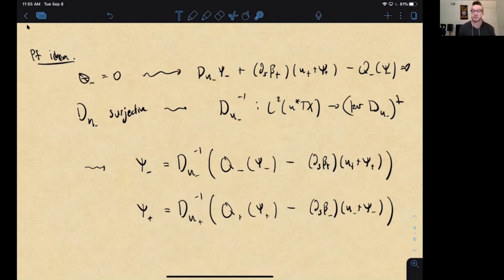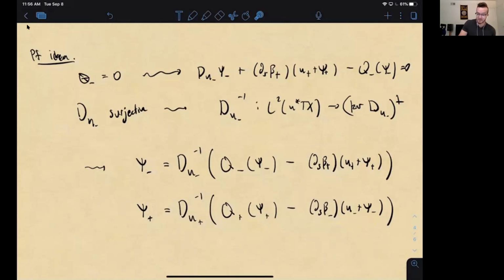But I need things to be a contraction. So how do I guarantee that? The point is that the Q terms, if the sizes are chosen small enough, that part will be a contraction. The part that you maybe have to worry about corresponds to these two terms. And this is where the R parameter comes into play.